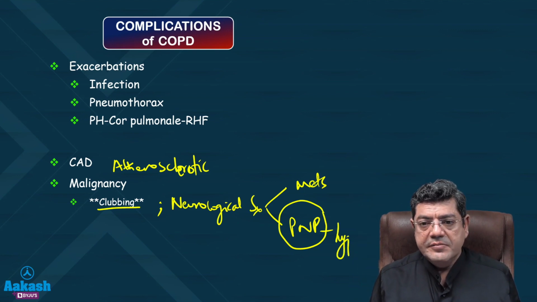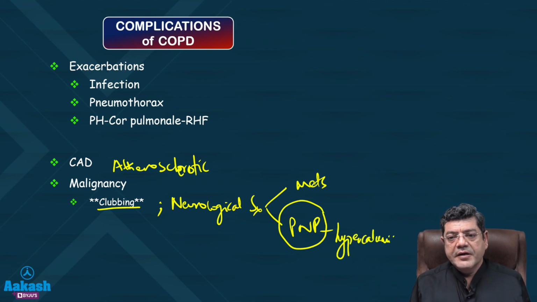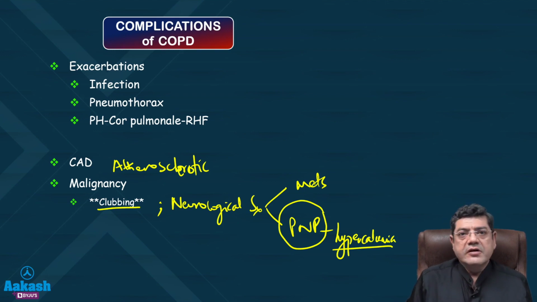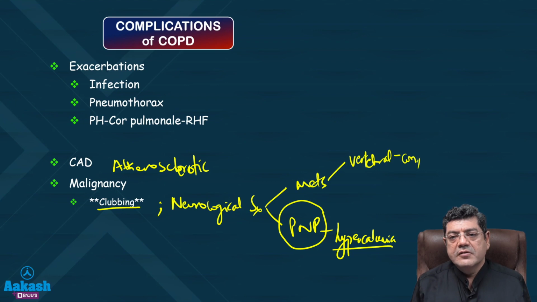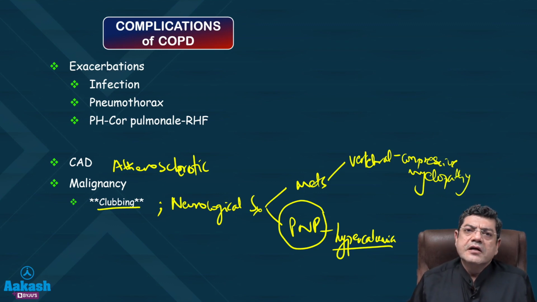Of course, hypercalcemia is another paraneoplastic syndrome that can develop in lung cancers, and these patients can have different manifestations, again one of which is an alteration of sensorium. Metastasis to different parts, the ones that are very quickly noticeable are metastasis to the vertebral column, because they can cause a compressive myelopathy, and therefore the patient will come with weakness in the lower limbs and sphincter involvement.